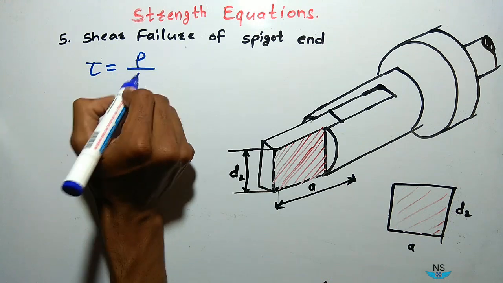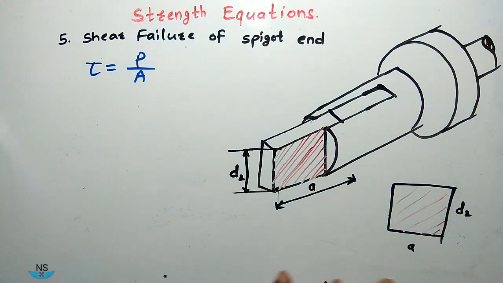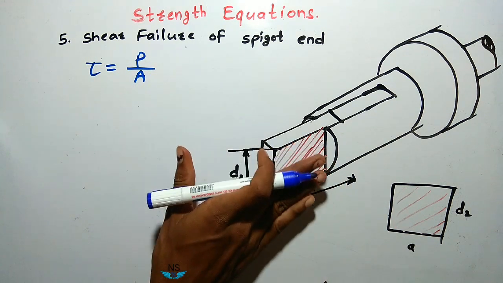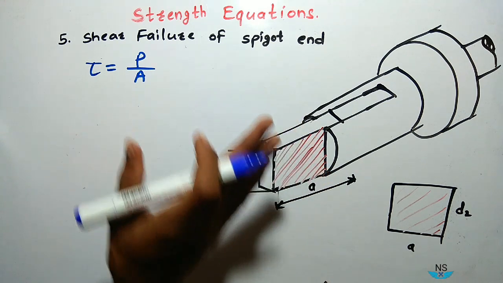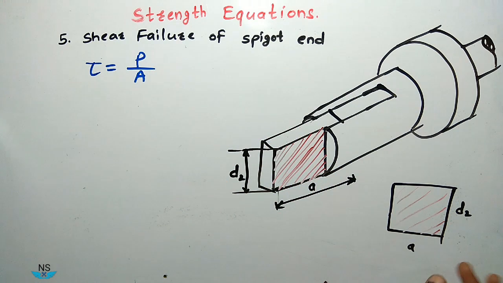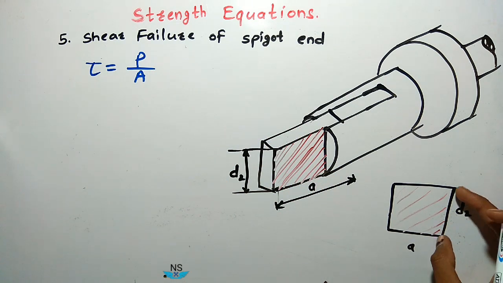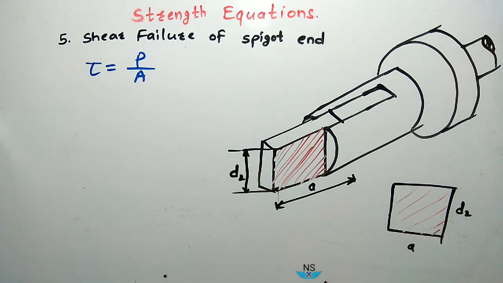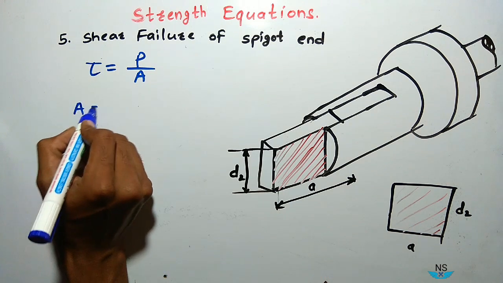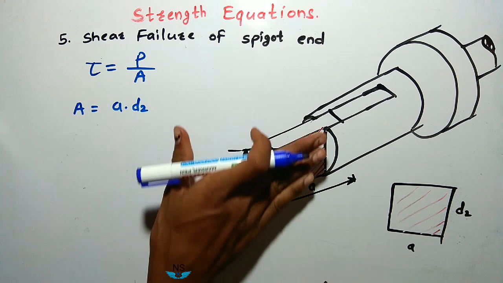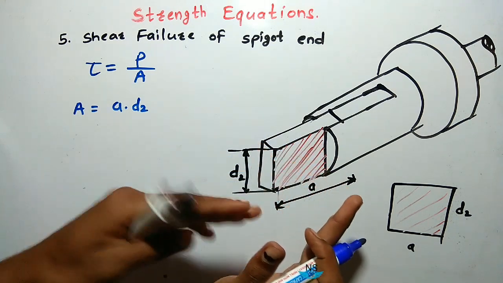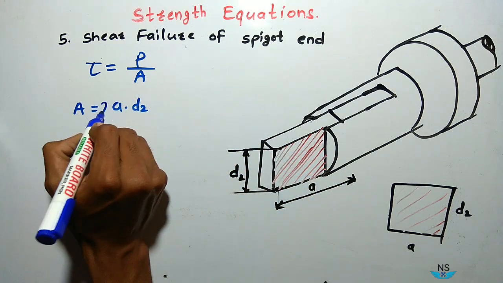So tau is equal to P divided by A, and failure area is on both sides. मतलब डबल शेयर हुआ है इस साइड को भी और इस साइड को भी. तो फेल्योर एरिया का क्या होगा, D2 इंटू A और A इंटू D2. So A into D2 on one side, on the other side A into D2.